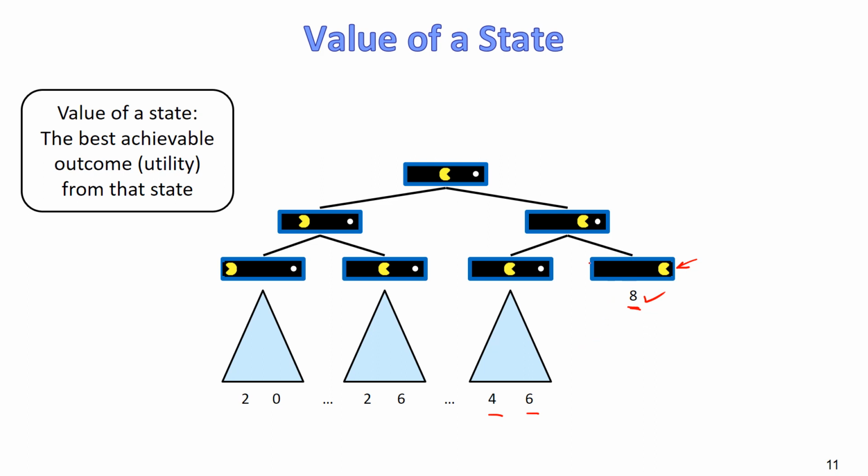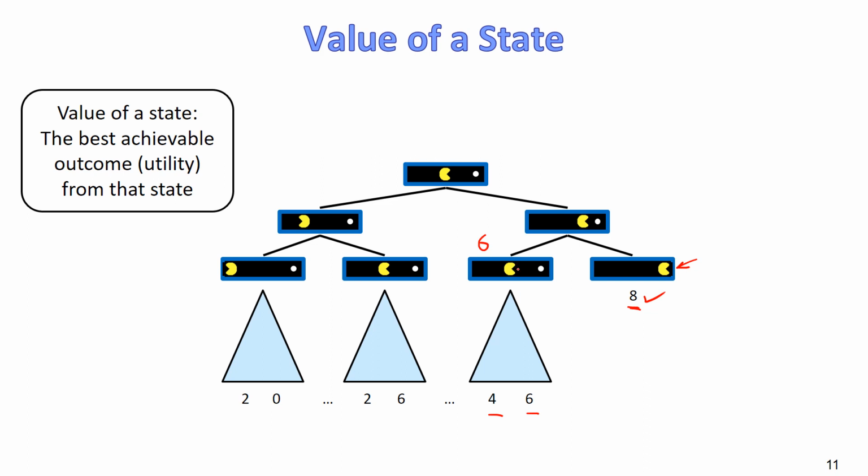So the gain of this state is the maximum achievable by the children. What is the maximum achievable here? Of course, it's just one state, it is 8. What is the maximum achievable here? We have 4 here and 6 here. So the maximum achievable here, the best that Pac-Man can do going from that state, is to gain 6 points.